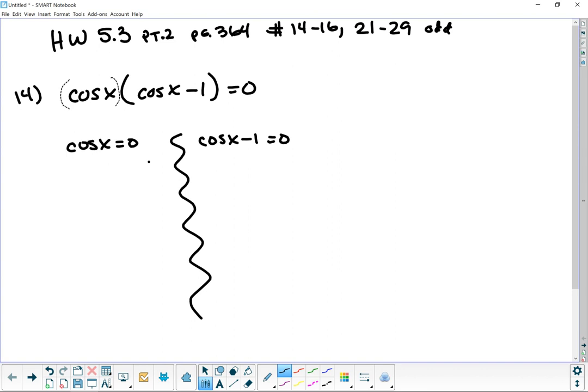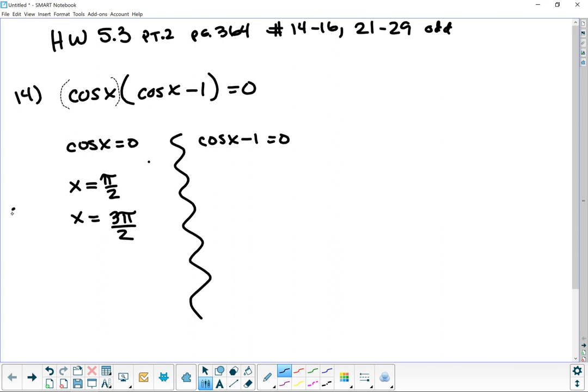The one on the right, cosine of x equals 0. Look on your unit circle. You're going to get x equals, let's see, as cosine 0, that's going to be pi over 2, and also at 3 pi over 2. You can also write it down as the general solution.